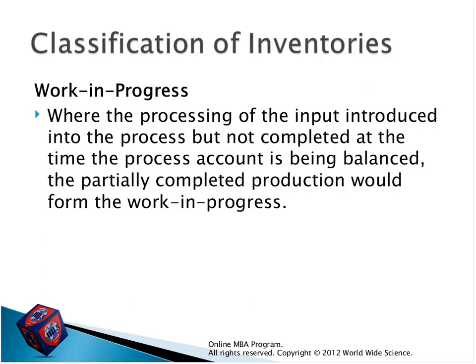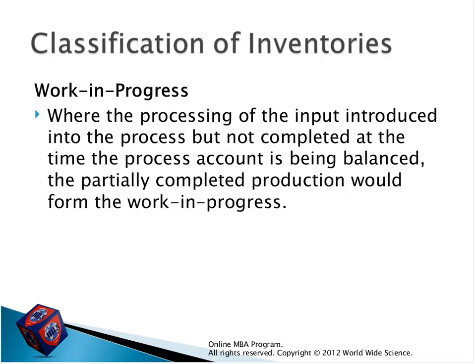We also have inventories called work in progress, where the input is introduced into the process but not complete at the time the process account is being balanced. So the partially complete production is work in progress. These are goods not completed yet for sale, left in the stores.